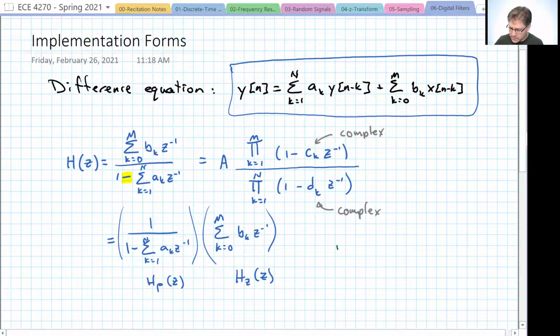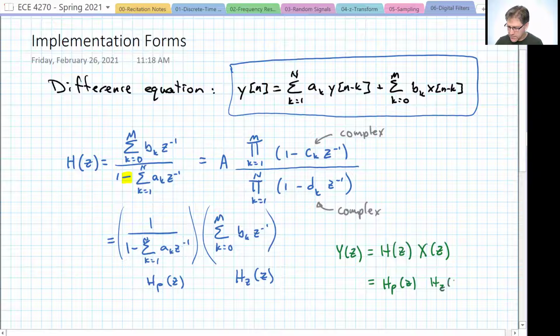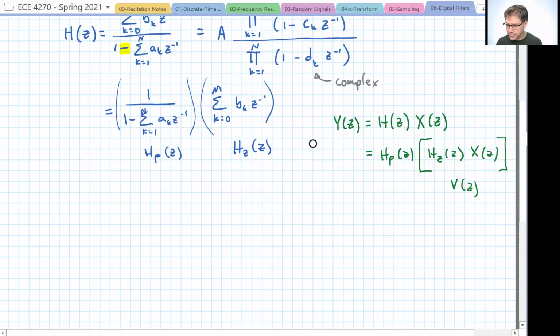Note that since Y(z), the transform of our output, is going to be H(z) times X(z), with this second factorization we have H_p(z) times H_z(z) times X(z), which suggests that we could do that first and get an intermediate term we'll just label V. And so we're essentially applying two filters.